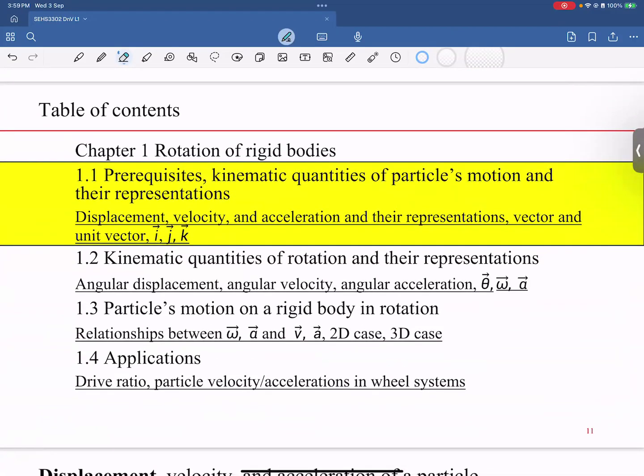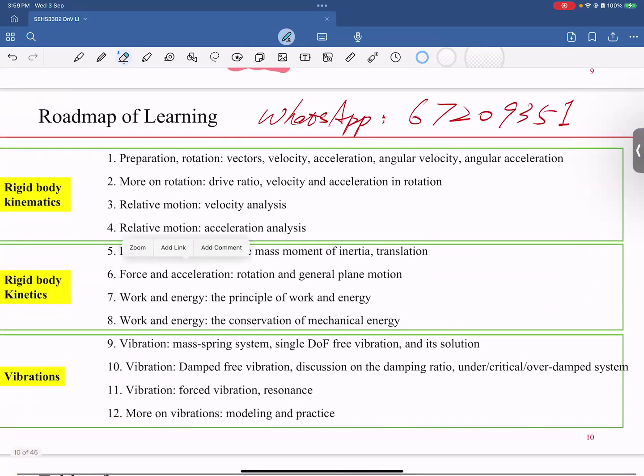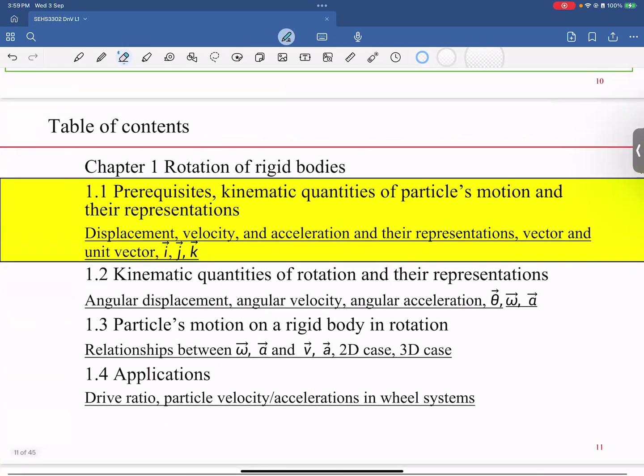Okay, so let's come to the content of this subject. As you can see from here, we have chapters about this roadmap, and in chapter 1, we talk about the preparation of kinematics. Actually, it's about the rotation of rigid bodies.